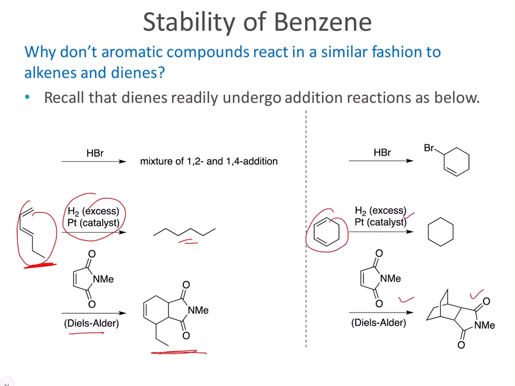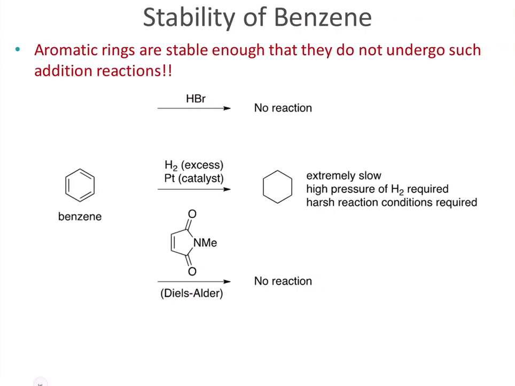Okay? But when we try to do the same reactions with benzene, it doesn't really undergo electrophilic addition. And if we want to reduce benzene to an alkane, this reaction is extremely slow.